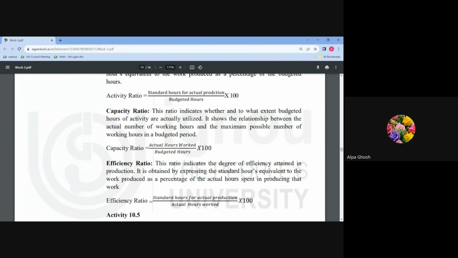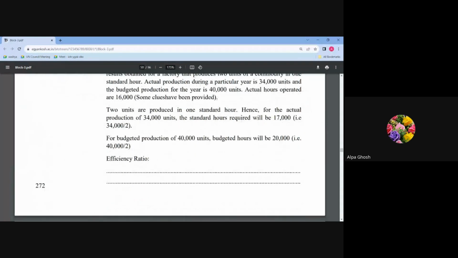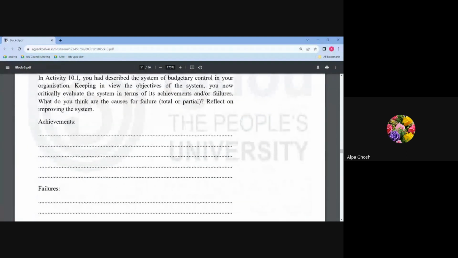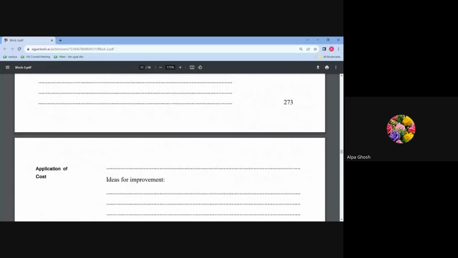And efficiency is the actual hours. The ratio indicates the degree of efficiency attained in production, what you expected and what you have attained. So this is all about the ratios. In order to find out, you have to solve the questions. Much is not given here.